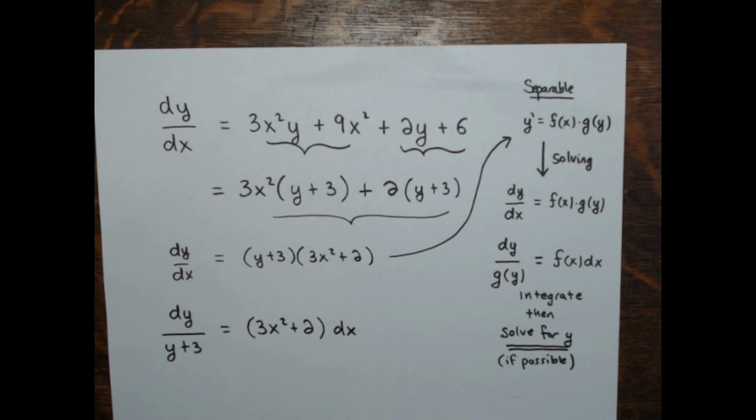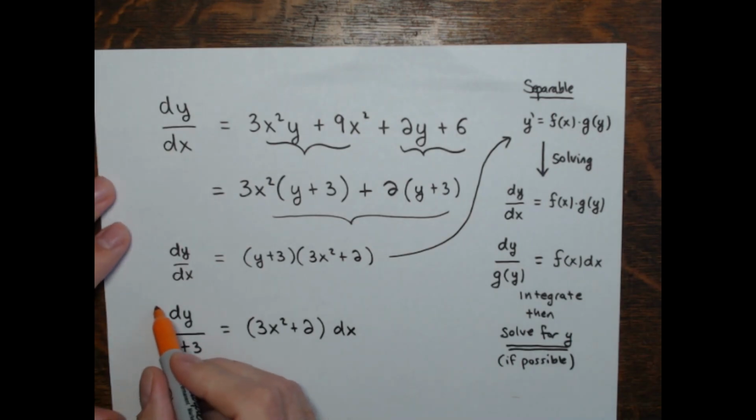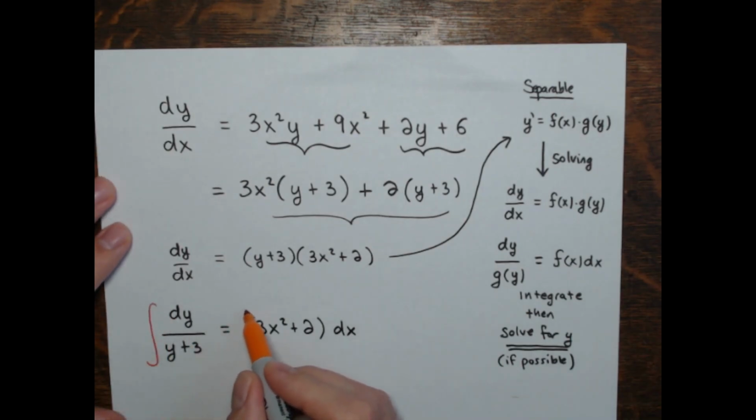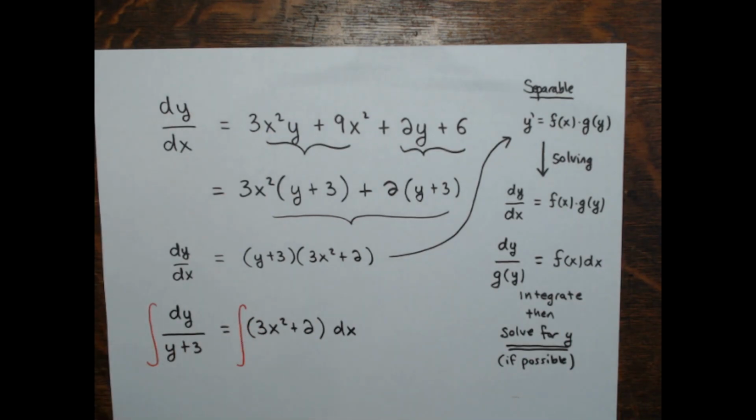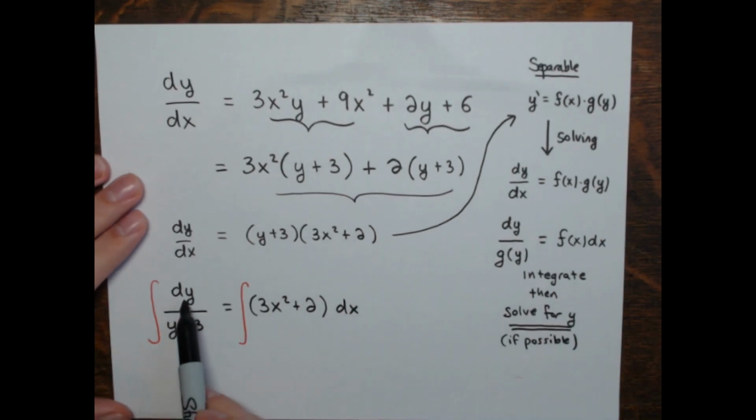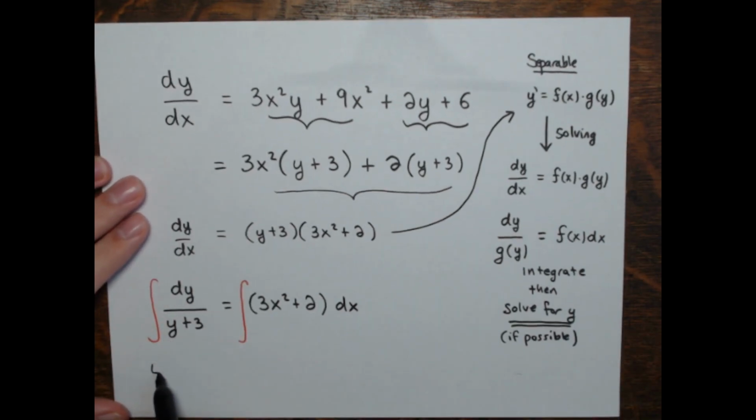Now that I have the variables separated, we integrate with respect to y on the left side and integrate with respect to x on the right side. Now on the left side, that's simply the natural log of the absolute value of y plus 3.